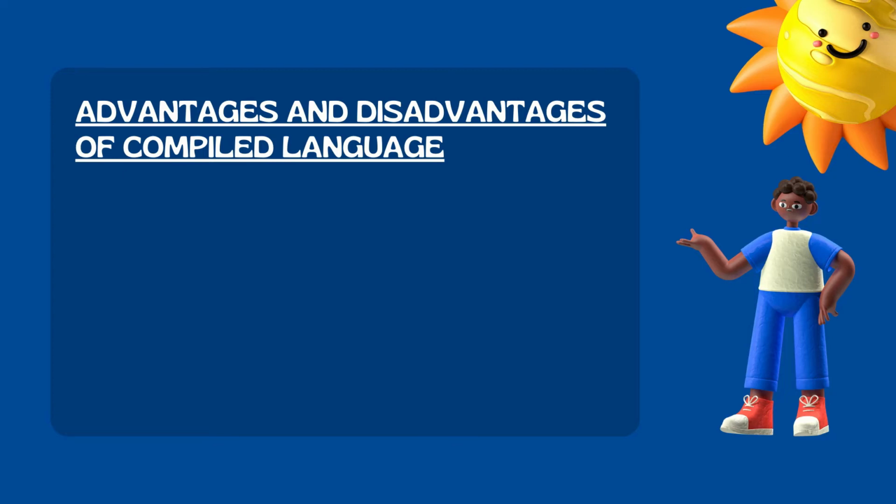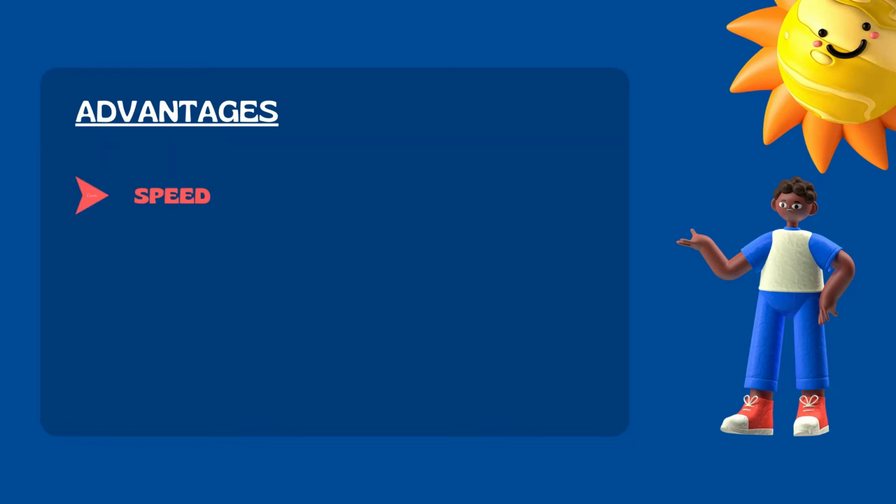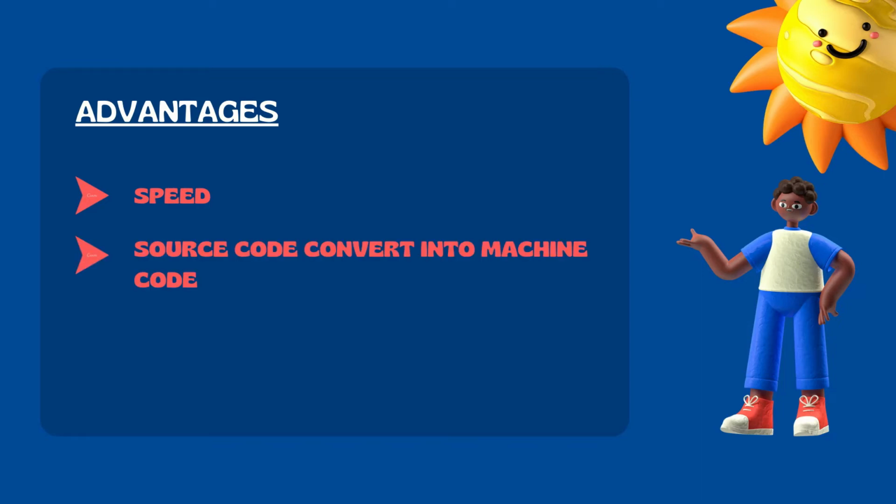Now let's see what are the advantages and disadvantages of compiled language. Let's check out the advantages first. An obvious advantage here is speed. Compiled language source code is directly converted to machine code, thus saving time in the execution process. Because of the same reason, there are fewer CPU clock cycles used in the execution of a compiled language program, and thus this makes the compiled language efficient.